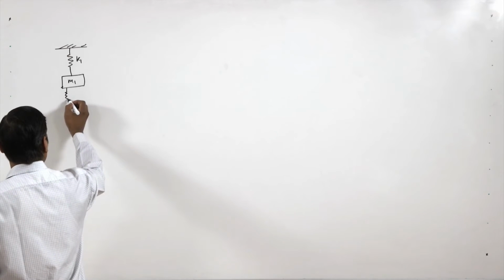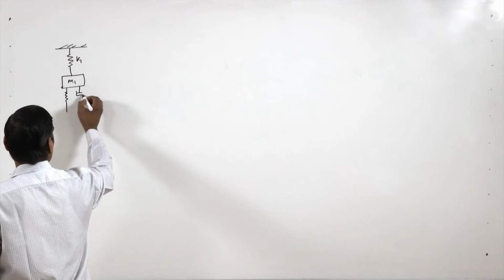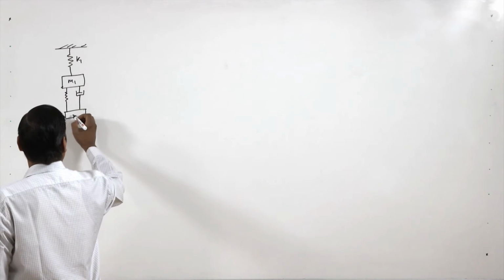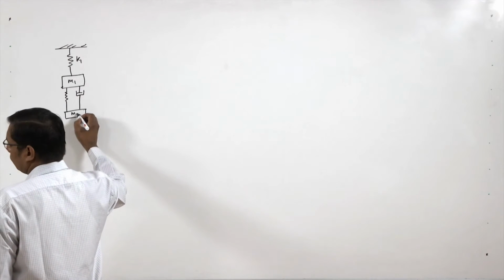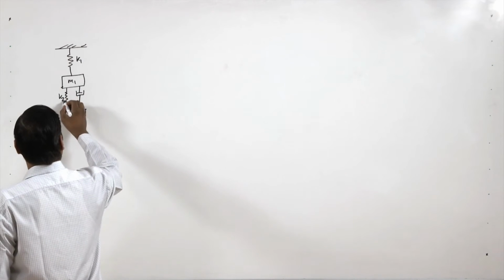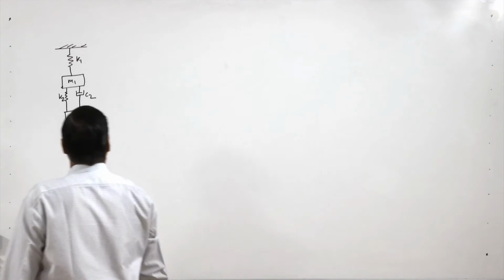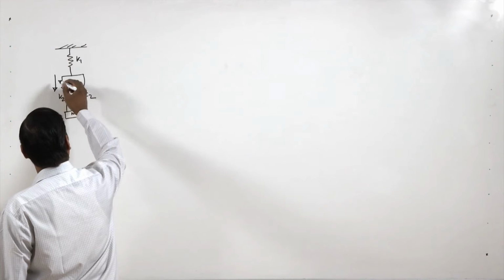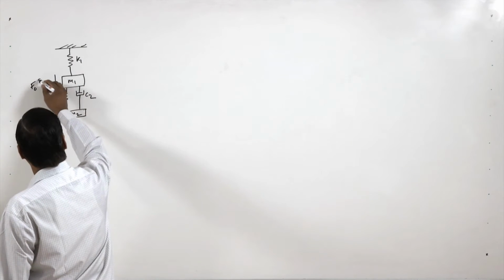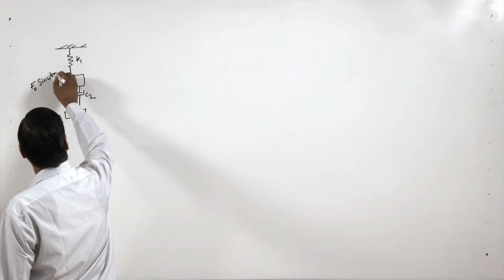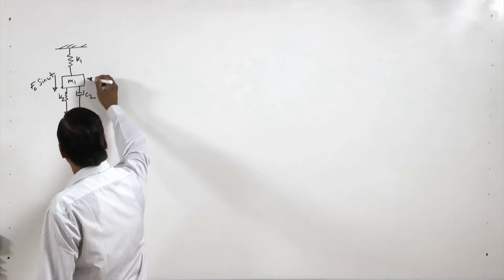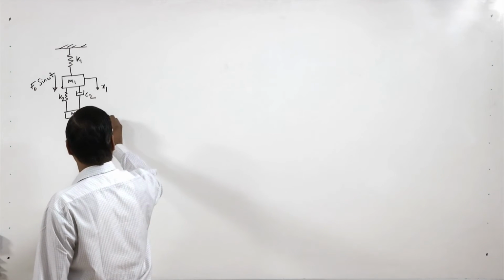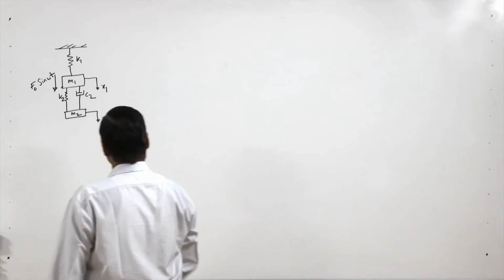So we have this spring and then this damper, and then this is the mass of the absorber. So it is M2, this is K2 and this is C2, and here we are applying some load on the main mass, that is F0 sine omega t, and the displacement we are taking positive downward, so it is x1, x2 here.